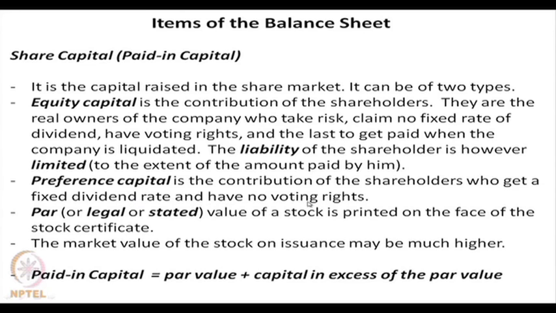But they have no voting rights, and the equity capital people may be getting 50% dividend in one year, and maybe only 5% in another year, nothing maybe in still another year. So, these are the differences between equity capital and preference capital. Equity capital shareholders are actually the real owners of the organization.